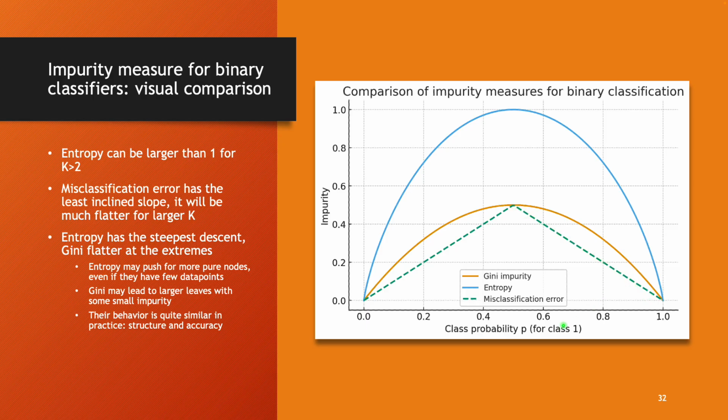Now, if you have more than two classes, the plot is often very similar to this one. It's going to be a little bit more difficult to show visually, because for a ternary classification problem you would like to show this in 3D, and then it becomes more difficult with more classes. The point is that this entropy has the steepest descent.